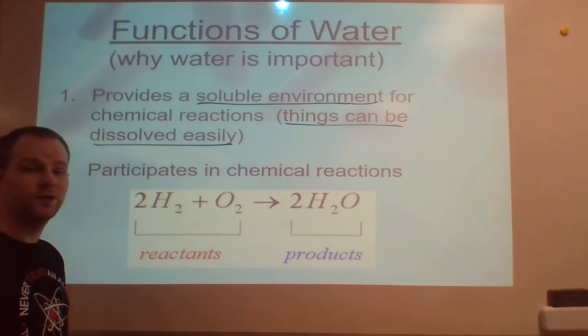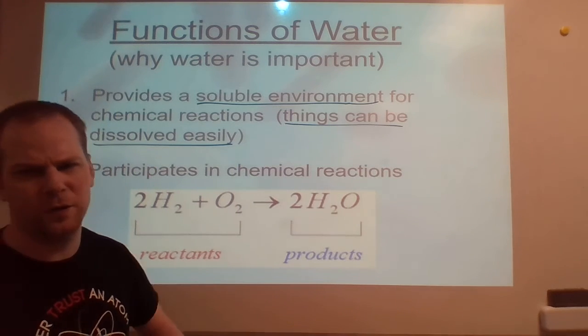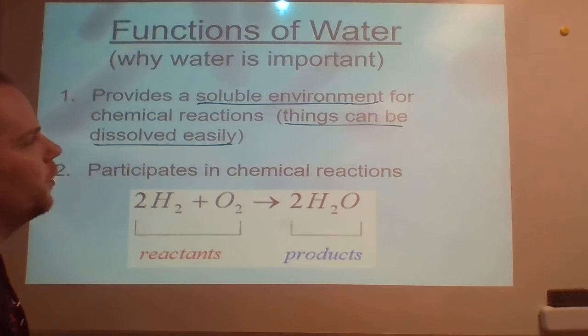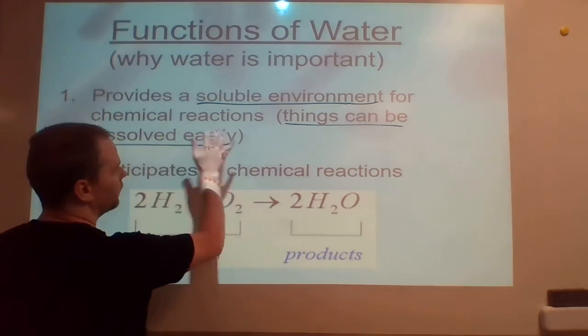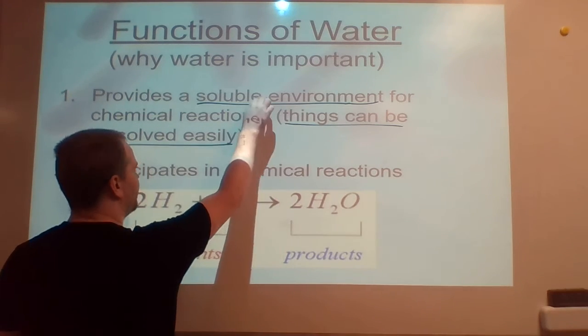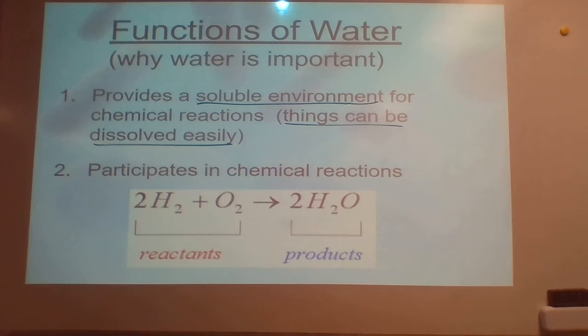Highlight it yellow, or change the text to yellow or red, because yellow is going to be hard to see, so that you remember what this means. Okay, water frequently participates in chemical reactions. That is why it helps a lot of reactions to take place to be in water. That's why having a soluble environment is very important.